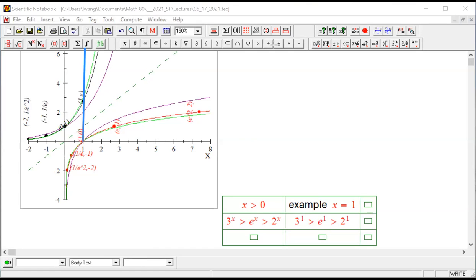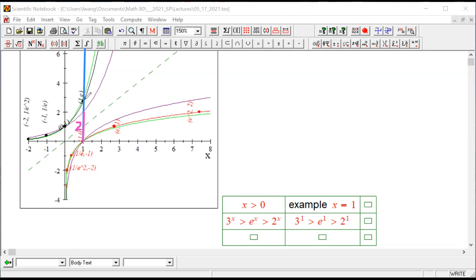What are those values? The purple height is equals to 2. This height is 2. Okay, and the black height, what is the black height?